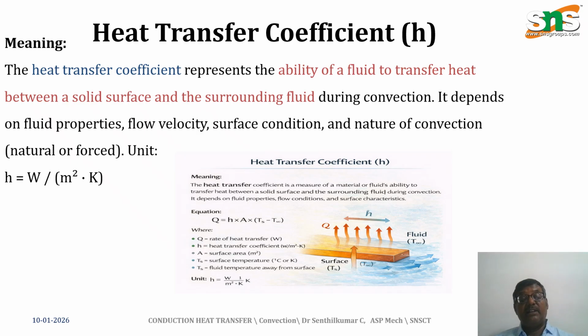In the case of conduction, K is the thermal conductivity constant, with the unit watts per meter Kelvin. Here H is watts per meter squared Kelvin. The heat transfer coefficient represents the ability of a fluid to transfer heat between a solid surface and the surrounding fluid during convection. It depends on fluid properties, fluid flow, surface condition, and the nature of the convection.